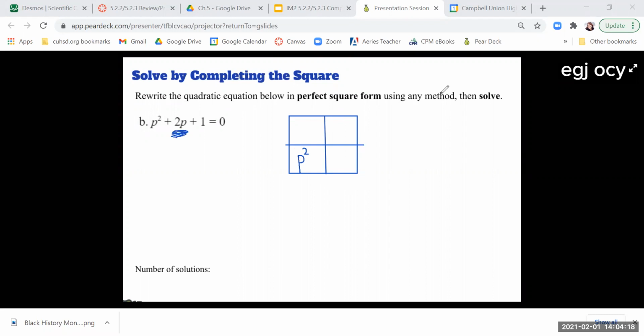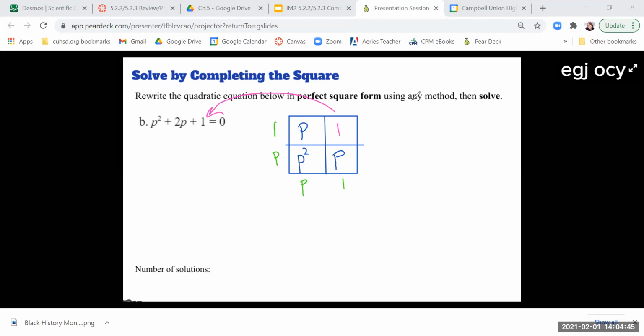So I cut in half the 2p. 2p in half is just 1p. So 1p plus 1p. And then my edges would be p times p is p squared, and p times 1 makes p. So 1 times 1 would be 1. And look, we already have a 1. This is a perfect square already.